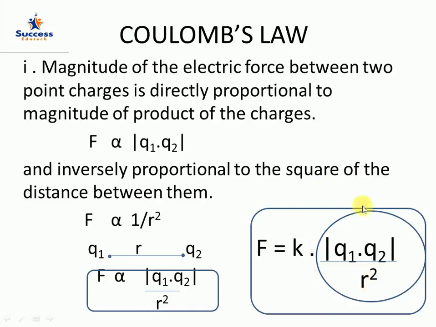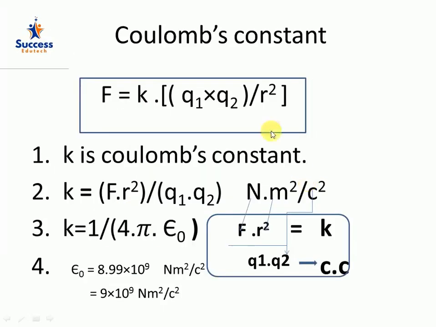So this is called the magnitude of the force between the charges Q1 and Q2, where Q is the magnitude of the charges and R is the distance. This is the equation of the magnitude of the force.